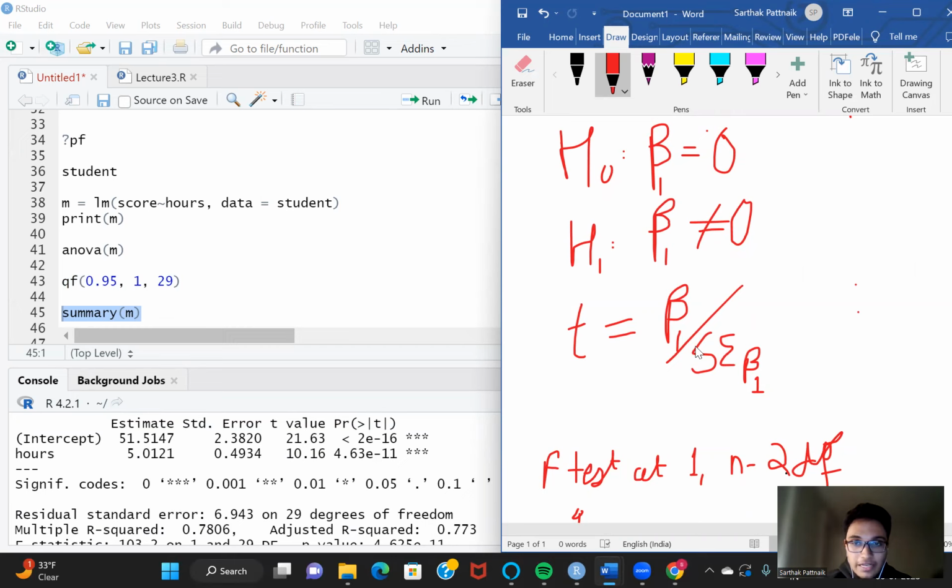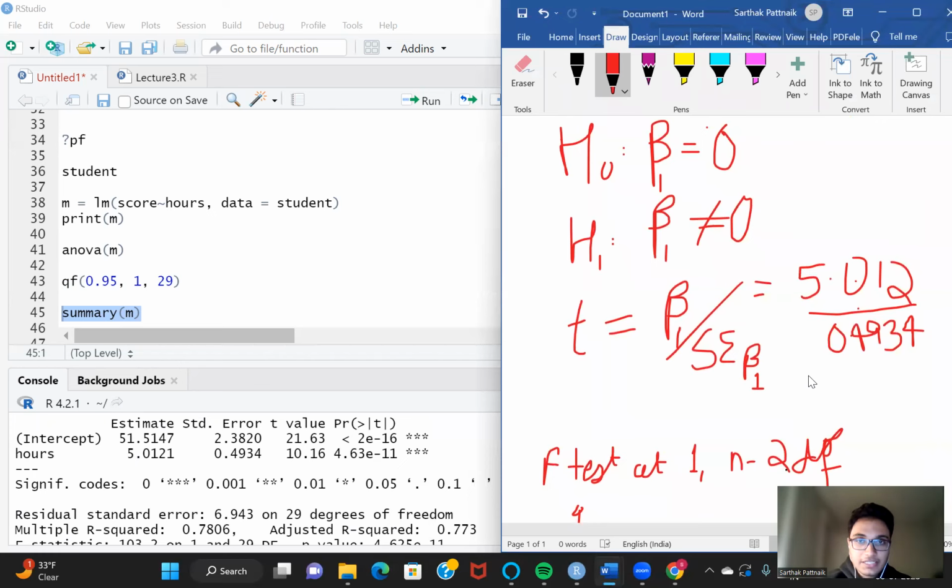So for this particular example that we have, this value will be equal to 5.012 divided by 0.4934. This is how we calculate the test statistic.